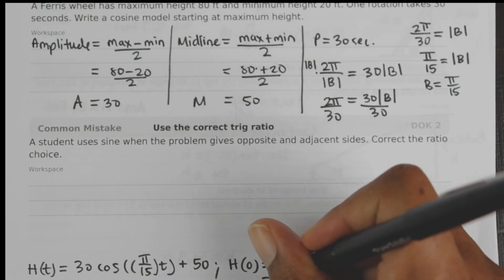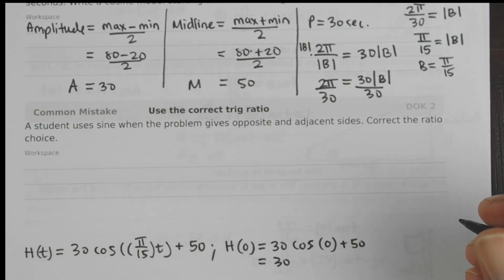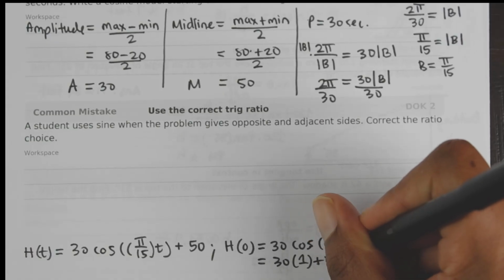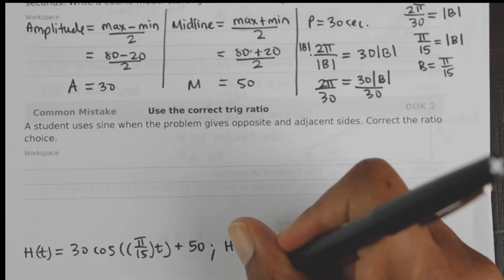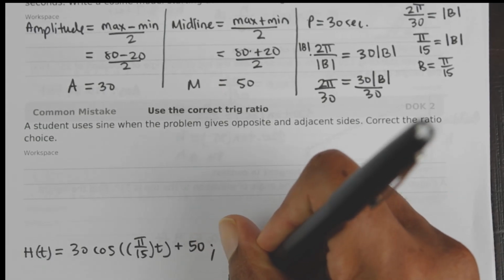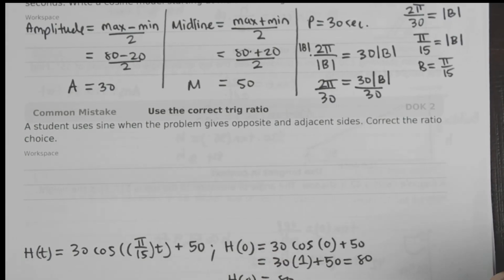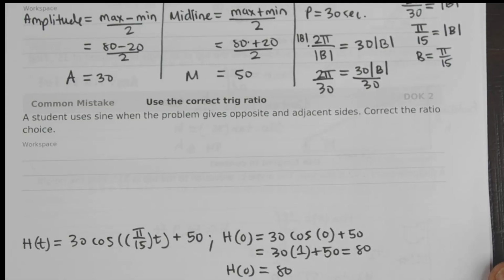Remember, cosine at 0 is 1, and that would be 80. So height at 0 would be 80. And guess what that matches? That matches the maximum height. So this model makes perfect sense.